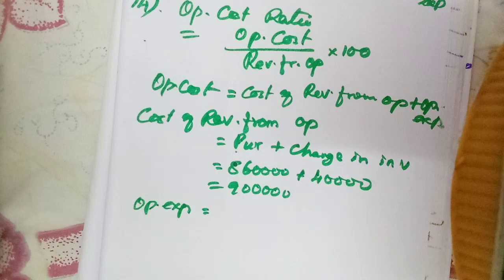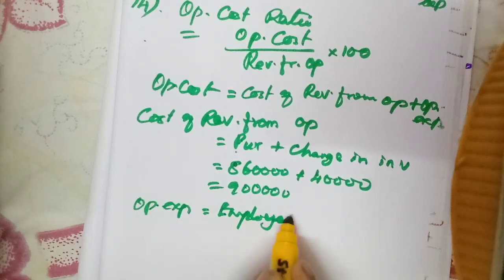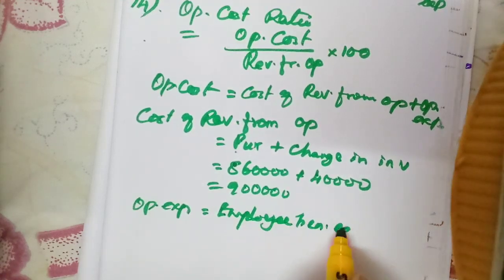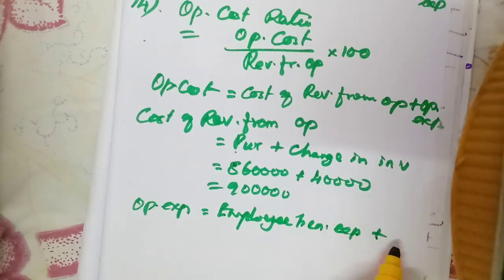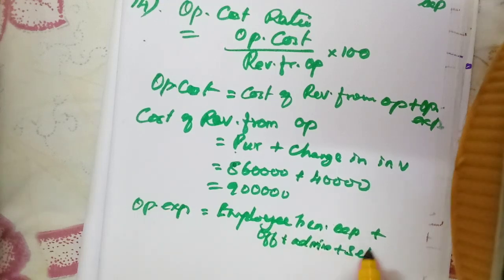What is operating expense? Here depreciation is not given, isn't it? Then employee benefit expenses plus other expense, that means office and administration and selling and distribution expense, isn't it?